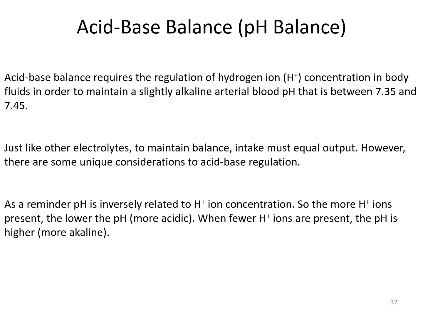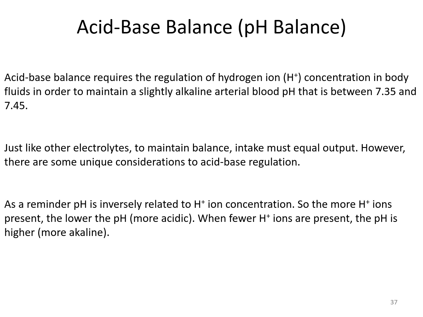We're regulating hydrogen ion concentration because those are the ions that are going to affect pH the most. The more hydrogen ion concentration you have, the lower the pH is going to be, the more acidic it's going to be. Okay, so just like other electrolytes, to maintain the balance, you have to have an equal intake and output.